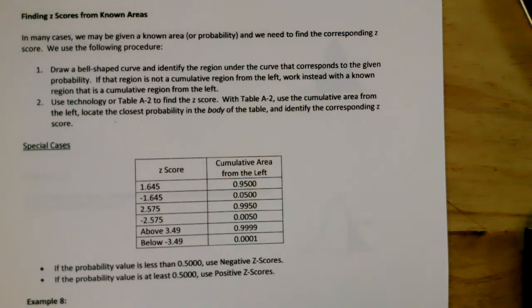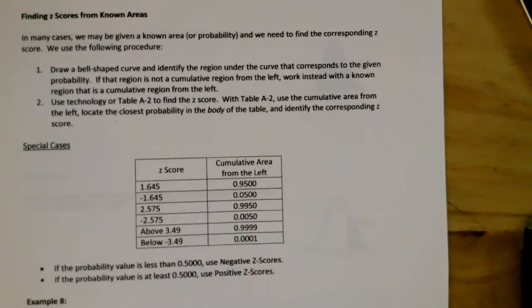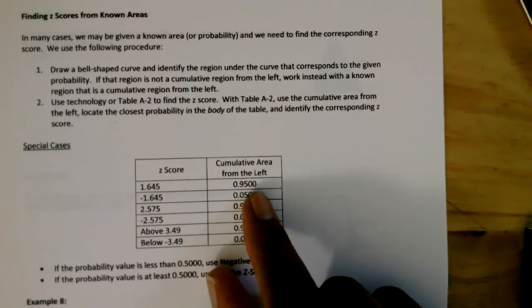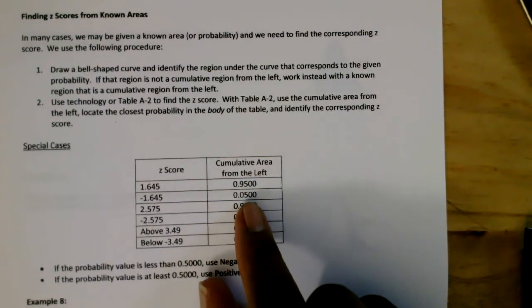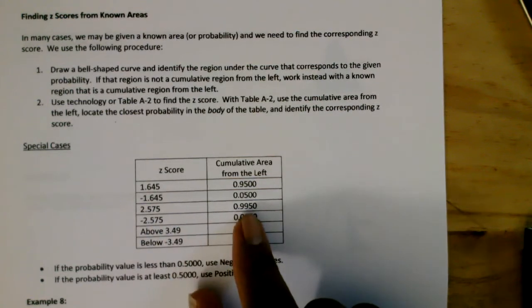Now, there are special cases here. If a z-score is 1.645, that cumulative area to the left would be 0.9500. For negative 1.645, the cumulative area from the left would be 0.0500. And 2.575 for a z-score would give you a cumulative area from the left of 0.9950.